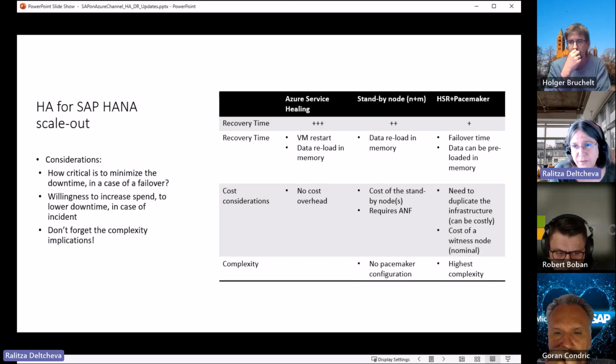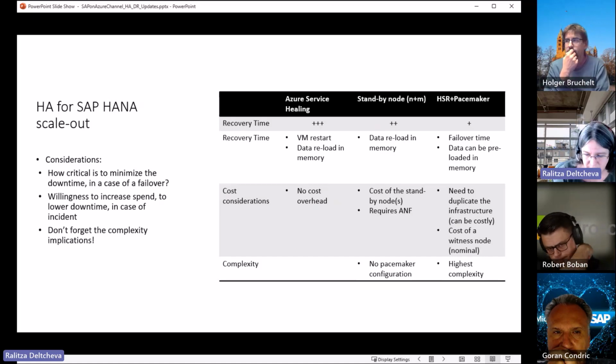In terms of cost, this is also the costliest option because you have to duplicate the infrastructure on both sides. And it's also the higher complexity. With N+M, it's HANA that's managing the failover or the healing, so to speak. With HSR and pacemaker, you have the additional layer of pacemaker cluster configuration. So yes, it is higher complexity.